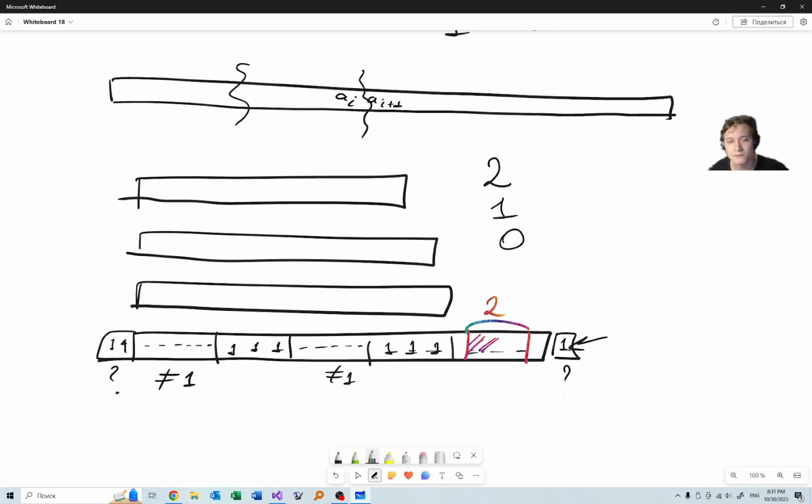Each of them. But not everything is so easy, because if you fix some element, it becomes 0. Then you have this separation. And now fixing of this element will not help you with the left pair.